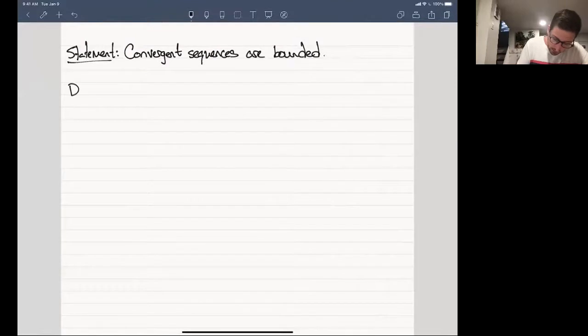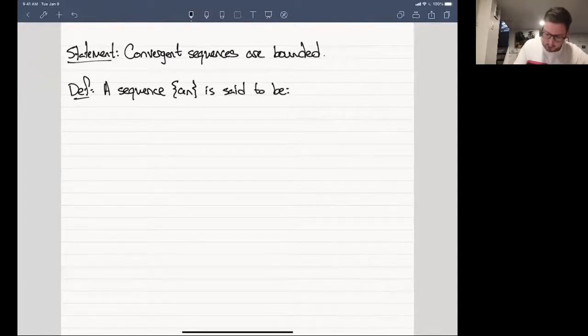So let me give you another definition here. A sequence a_n is said to be, and I'm going to write this in point form because I think everybody's getting tired of writing these long definitions. So let's start with non-decreasing.